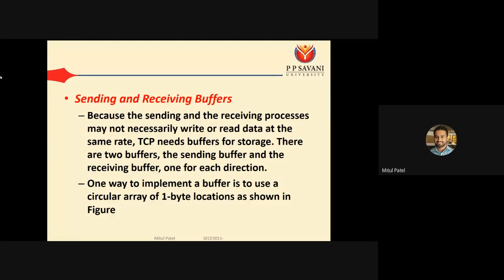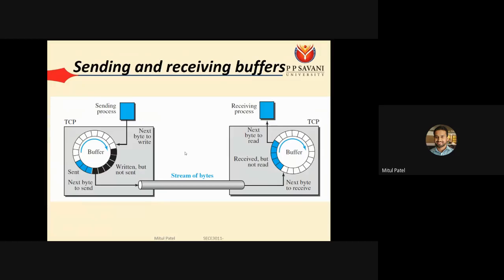Then sending and receiving buffer. To maintain the flow at the sending side and the receiving side, we require a buffer. A buffer is nothing but some storage location that is allocated at the sending side and, in the same way, at the receiving side. One way to implement a buffer is to use a circular array of 1 byte locations. In the figure, they have demonstrated a buffer of size 20 bytes.